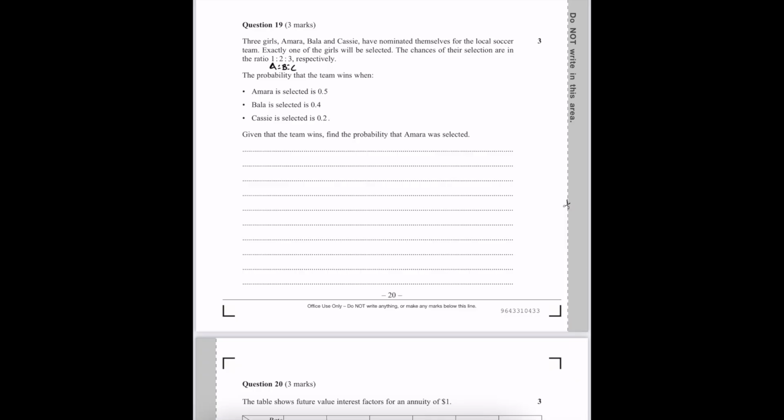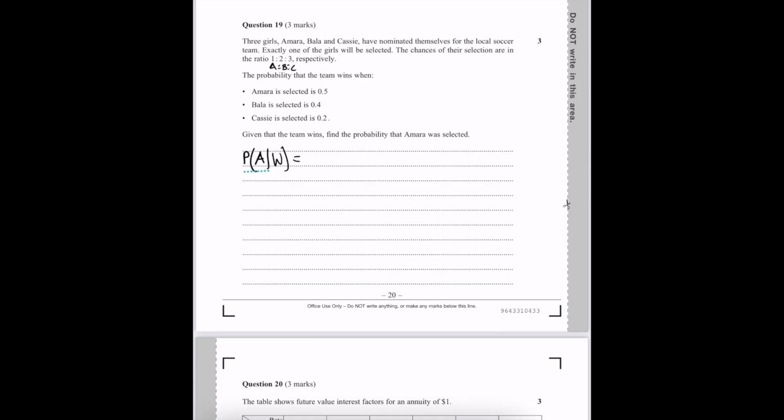So this is obviously a probability question, but more specifically, it's a conditional probability question because we have this given statement. So given that the team wins, find the probability Amara was selected. So this is the same way of saying the probability that Amara was selected given the team wins.